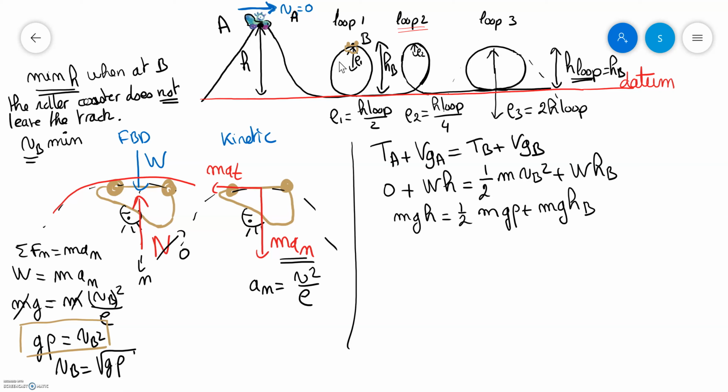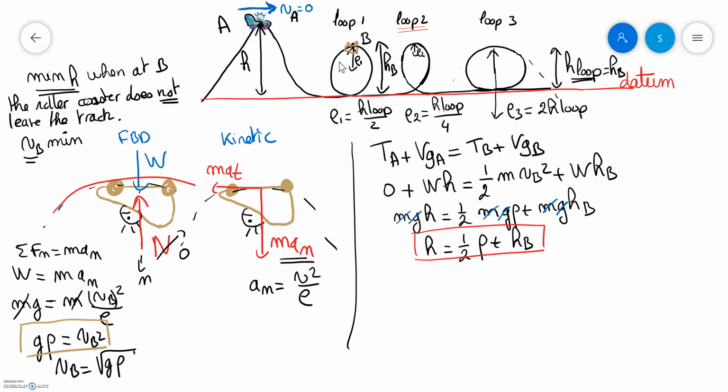And we can remove mg. So we have h equal to 1/2 of rho plus HB. See how the formula simplifies a lot, and we have just this one left.